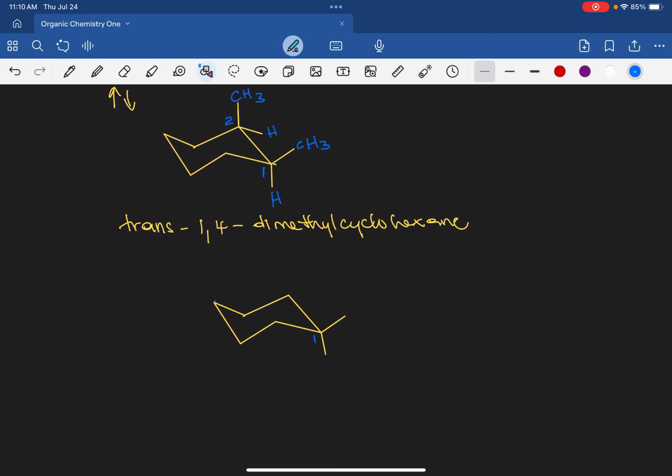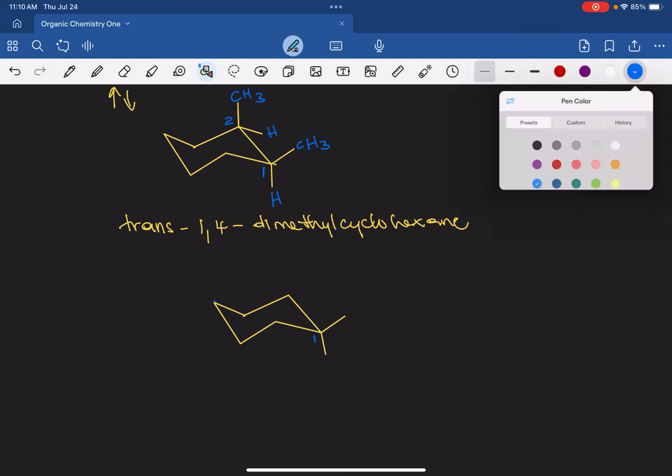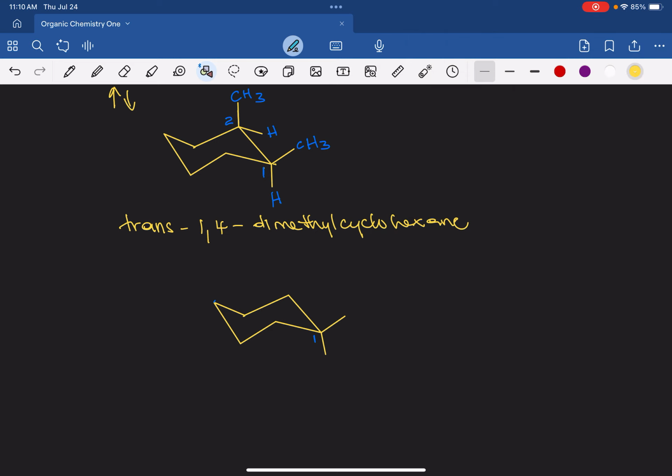Axial bonds point up on this, equatorial points down. All right, so I have my carbon 1 and I have my carbon number 4. So that's 1, 4. Now, it needs to be trans. So let's say I put my CH3 here. It's down. Cool.